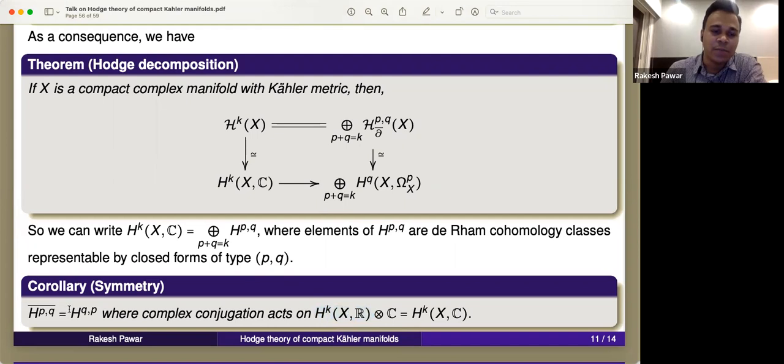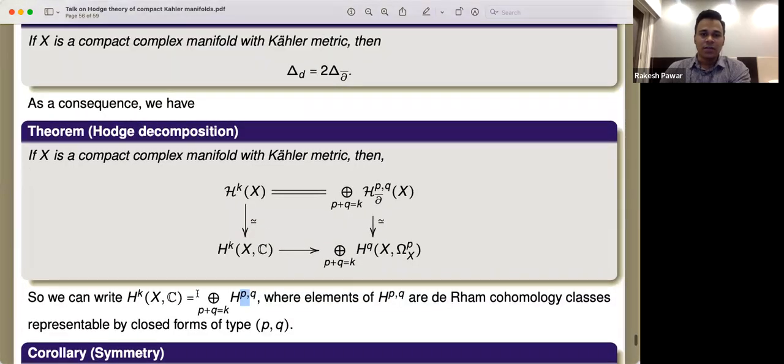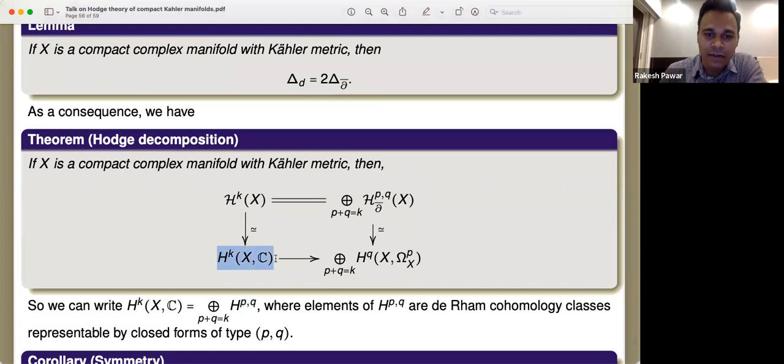This will take H^{p,q} to H^{q,p}. This follows exactly because you are identifying H^{p,q} as cohomology classes coming from harmonic forms of type (p,q), and if you take the conjugation, it will go to a (q,p) harmonic form. That is how H^{p,q} goes to H^{q,p}. So this is the Hodge decomposition theorem. We have broken it into pieces where there is some sort of symmetry between these pieces H^{p,q}.